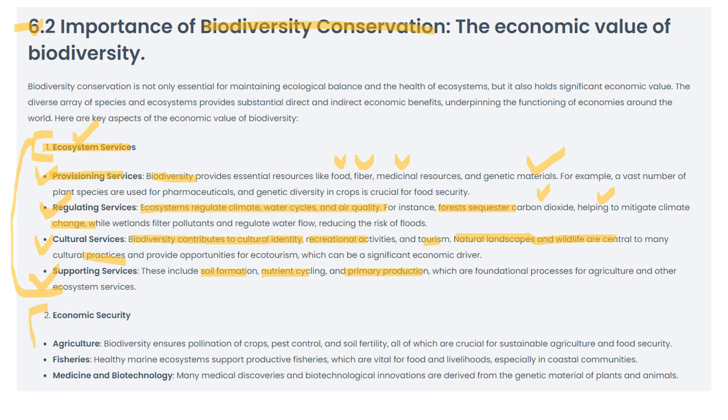The economic security, the agriculture. Biodiversity ensures the pollination of crops, pest control, and soil fertility. Healthy fisheries: healthy marine ecosystems support productive fisheries, medicines, and biotechnology. So these are the genetic materials of plants and animals which help biotechnological innovation.